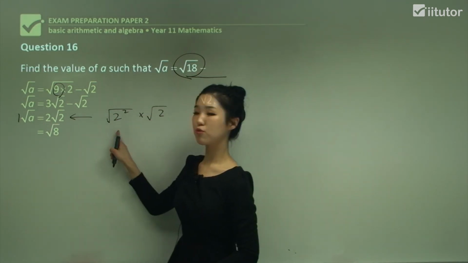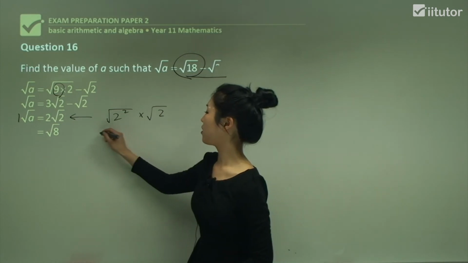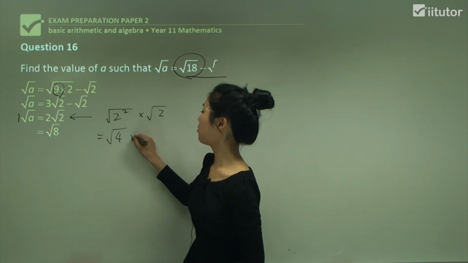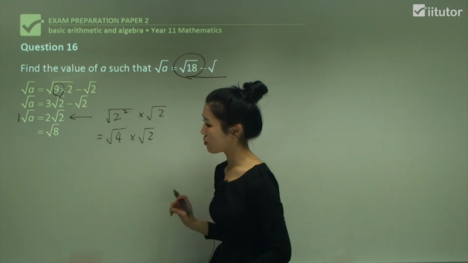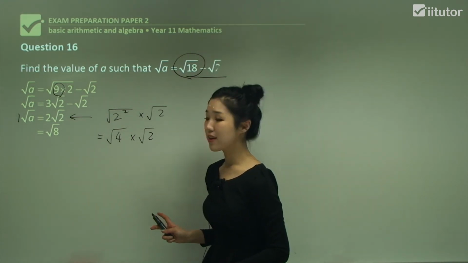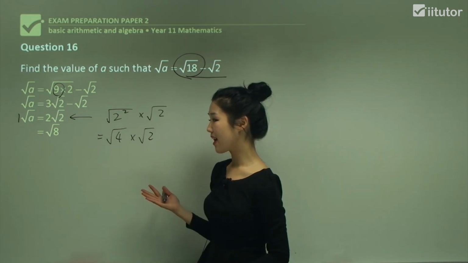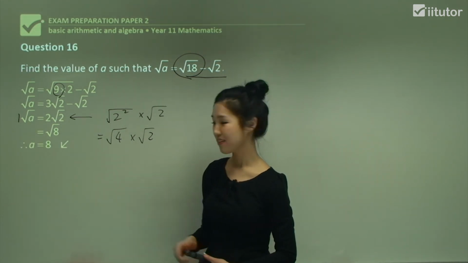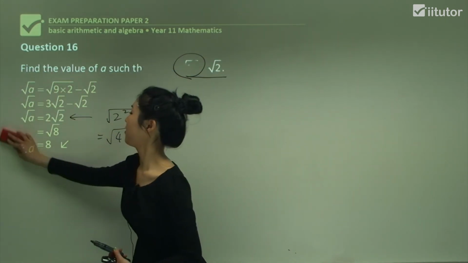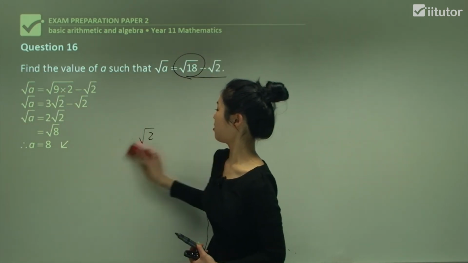So 2 root 2 is root 2 squared times 2, which is root 4 times 2, which is root 8. Okay, just for those who need a little bit more help. And then therefore you can tell me, guys, what is A? A is just 8. Okay, so whatever's inside the root is A. So that's the answer to the question. Okay, so again, not too hard.